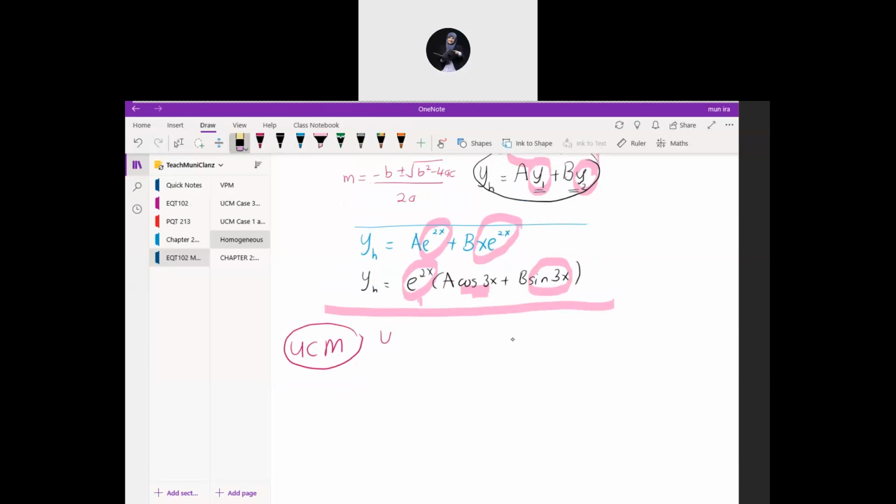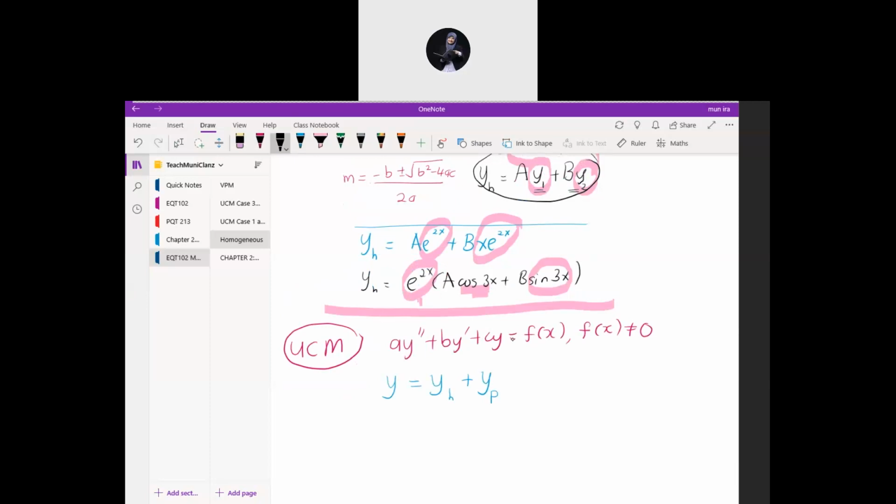UCM is a method to solve for the same thing, AY double prime plus BY prime plus CY equals to FX. But this time, your FX is non-zero. Y can be obtained by finding your YH and YP.